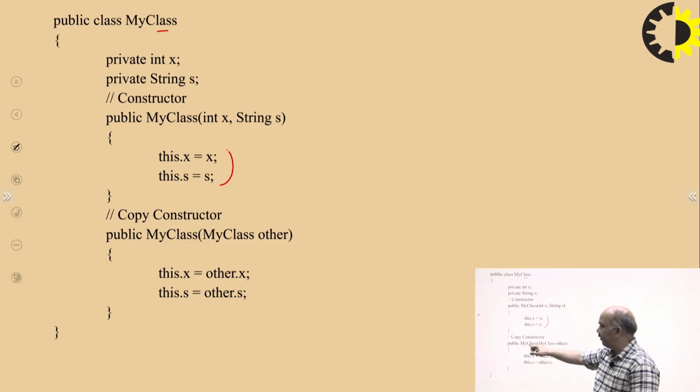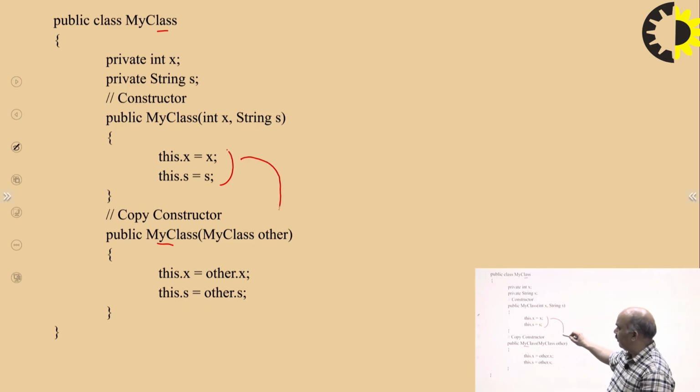Again we define MyClass, and in it we are copying the constructor of the other object, that is, this class's constructor data is being copied here. So MyClass other is being passed, and from other we take the values: other.x and other.s.